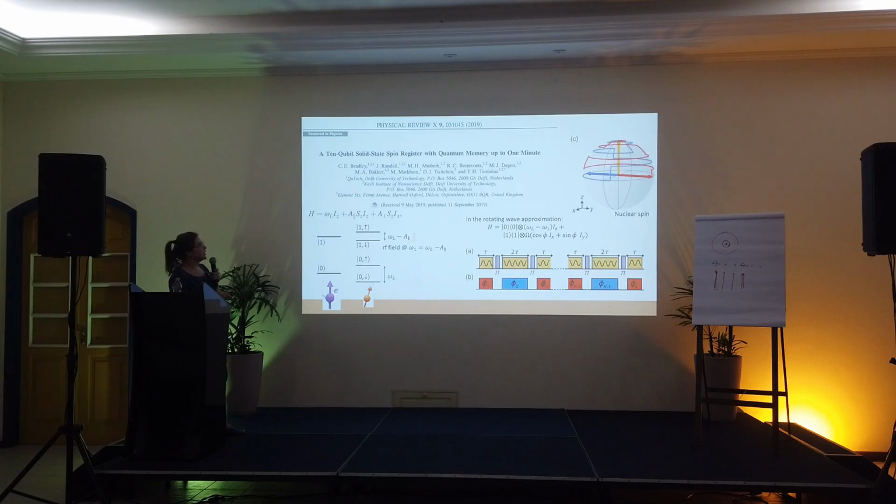And when they do that, they can design some type of evolution on the Bloch sphere for the nuclear spin, where if my electron spin is in the zero state, I start out from here and I precess right around the z-axis. Now I flip my electron spin, so I'll start precessing around another axis in this vertical direction. And then I flip my electron spin again, and I precess.